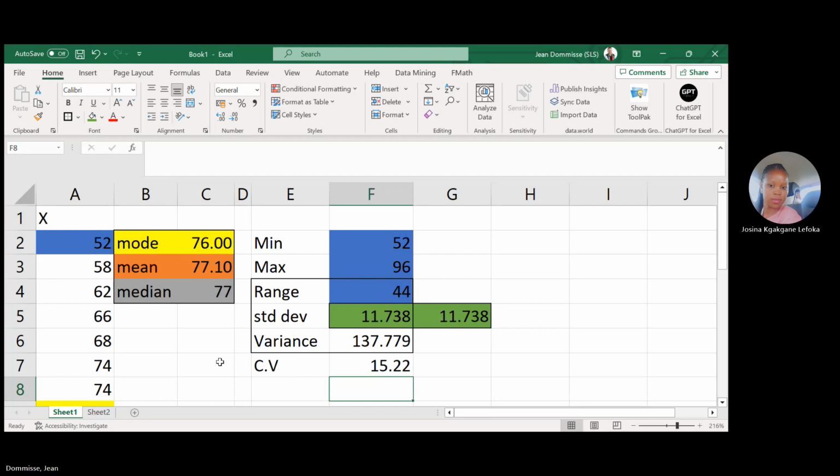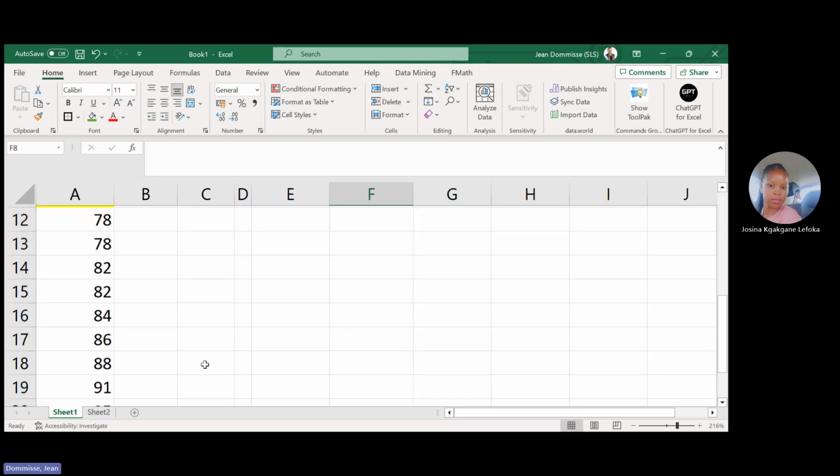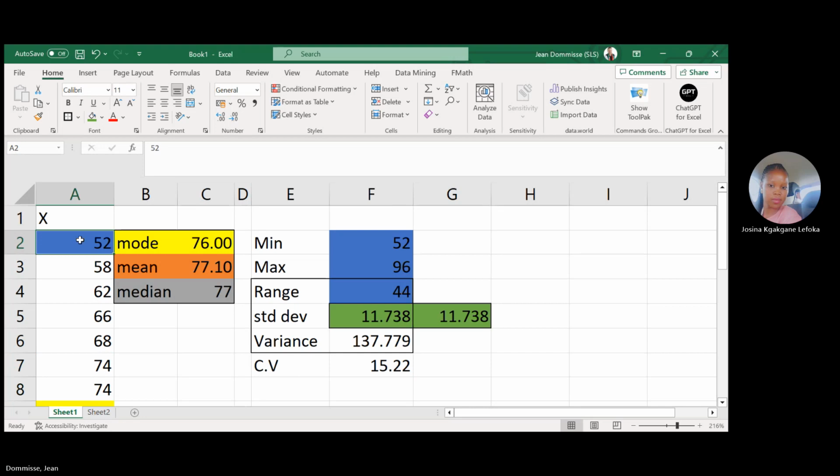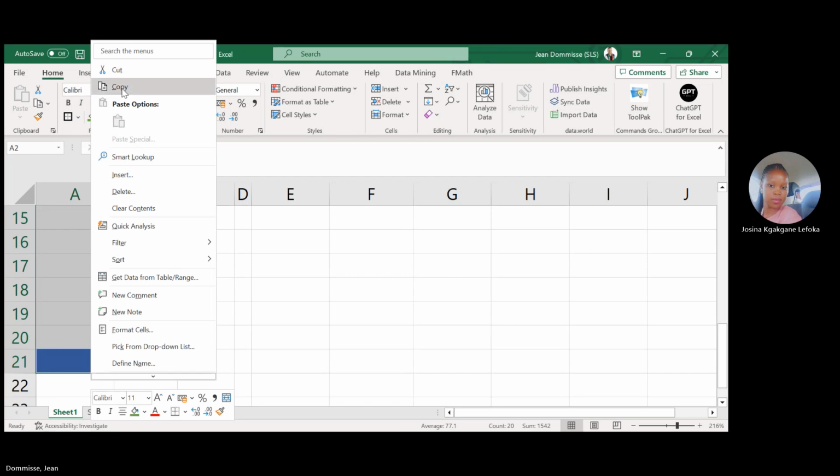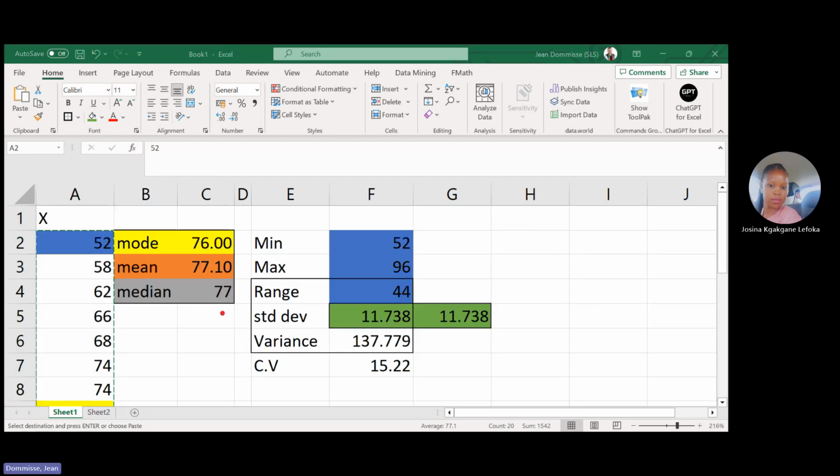So what I want to do is copy this data over to the presentation and put that back in so that we can work with it again, just because I want to show one or two things in a presentation that I can't do in Excel. So let me quickly share that.